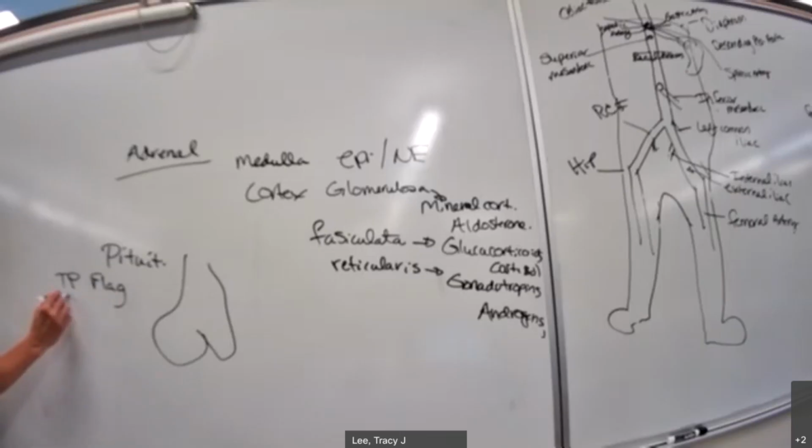TSH. It says secrete thyroid hormone, which is our T3s, T4s, right? And when would we secrete them? The metabolism's low, right? Because these say ramp up your metabolism. So what is the end result? Speed up metabolism. Metabolic rate.